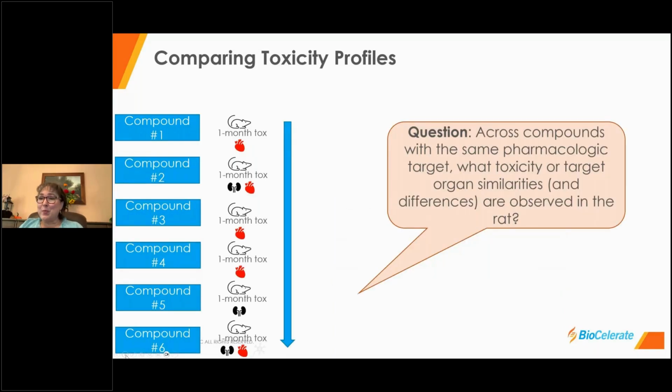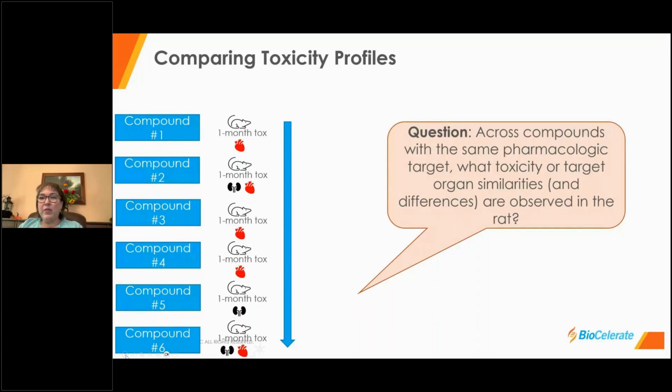So in this next example, let's not talk about the same compound. Let's talk about 6 different compounds, but maybe they are all in the same pharmacologic class, and you have the same question. You want to look at 6 different rat studies, all from the 1-month tox studies, and see whether there are similarities or differences in the toxicity profiles across these studies.